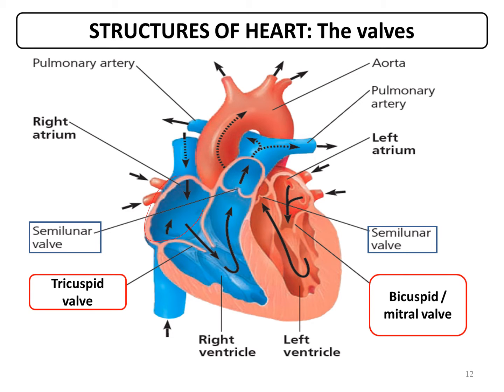We have the right atrium, the right ventricle, and this is the pulmonary artery that will bring blood to the lung. While this is the left atrium, and this is the left ventricle, which pumps blood into the aorta, then throughout the body.